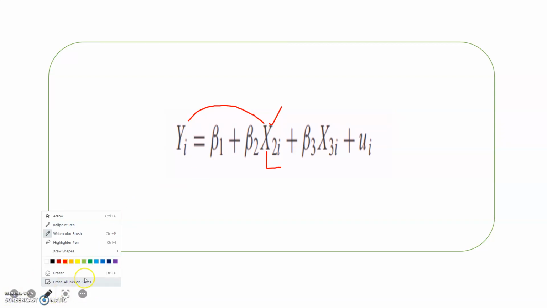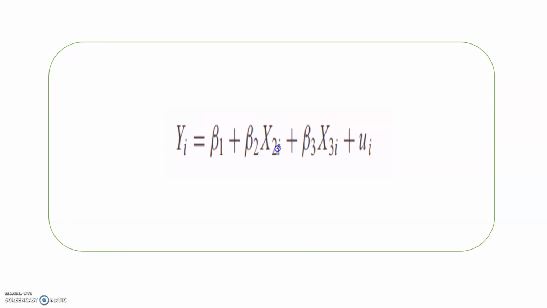The eighth assumption is that there can be no exact linear relationship between the x's, x2 and x3. There cannot be an exact linear relationship between these two. So no exact collinearity between the x variables or the independent variables.